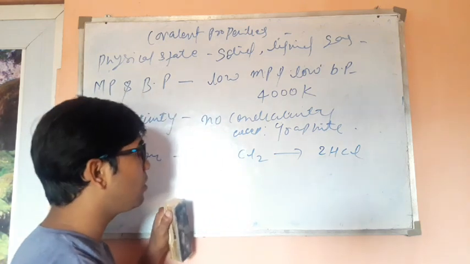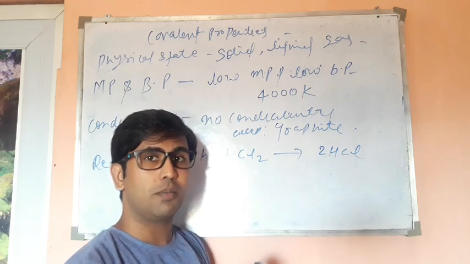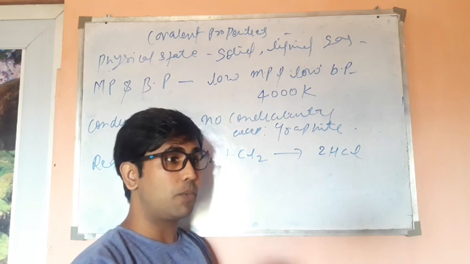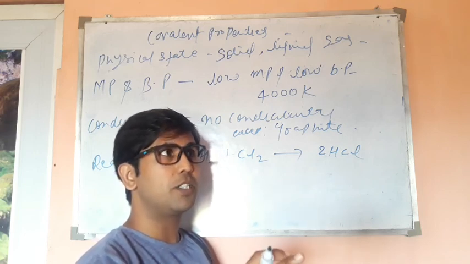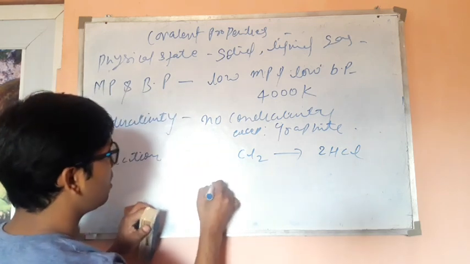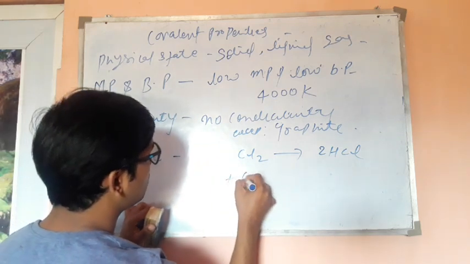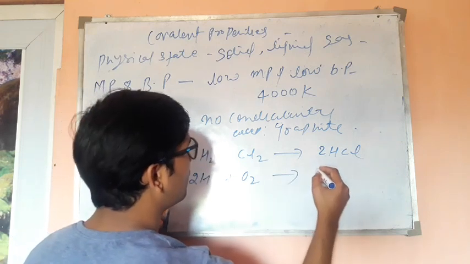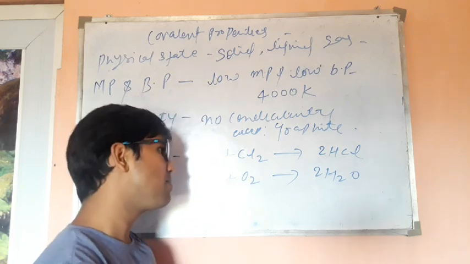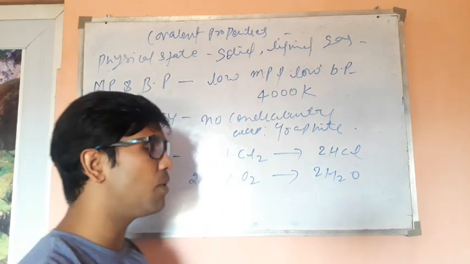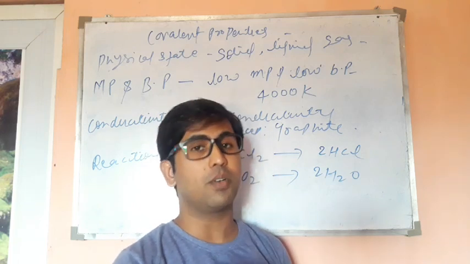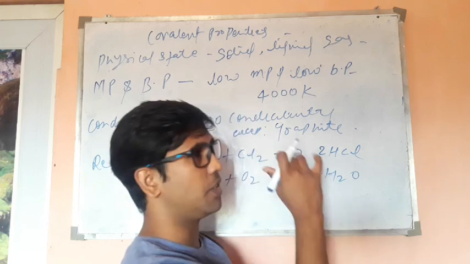Generally the combination of two non-metallic atoms provides something which might exist in the liquid state. In another example, H2 plus O2 gives water, which is also in the liquid state. This shows that if you connect two different non-metallic atoms, you can get something in the liquid state.